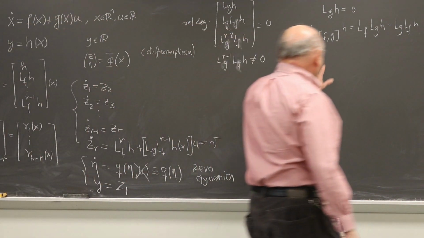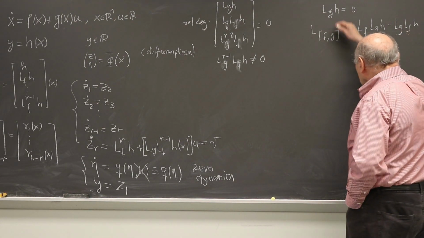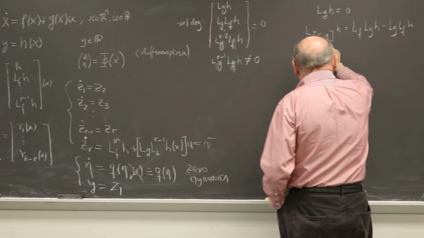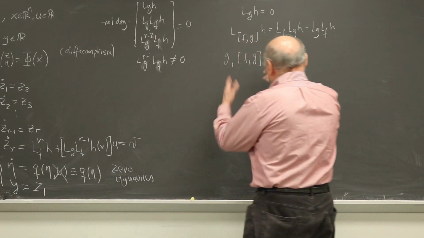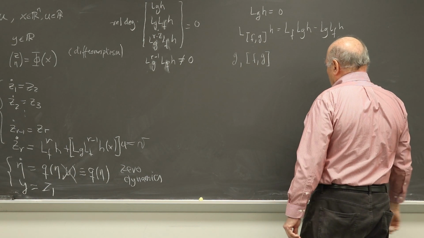So that distribution will come out to be associated with G, with Fg, and with all combinations of F and G and Lie bracket of Fg.